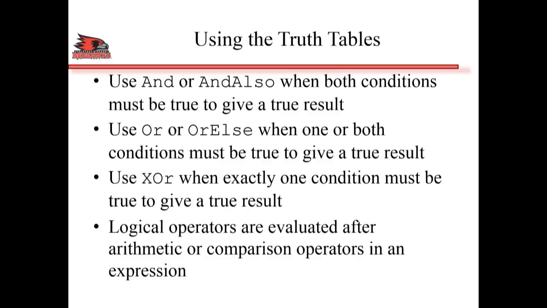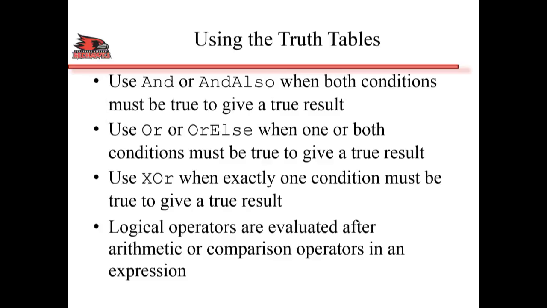However, if both of them are true, then for the XOR your condition is false, unlike in OR where it was actually true. So that's the exclusiveness here, that only one of your inputs or conditions can be true for this to be true.